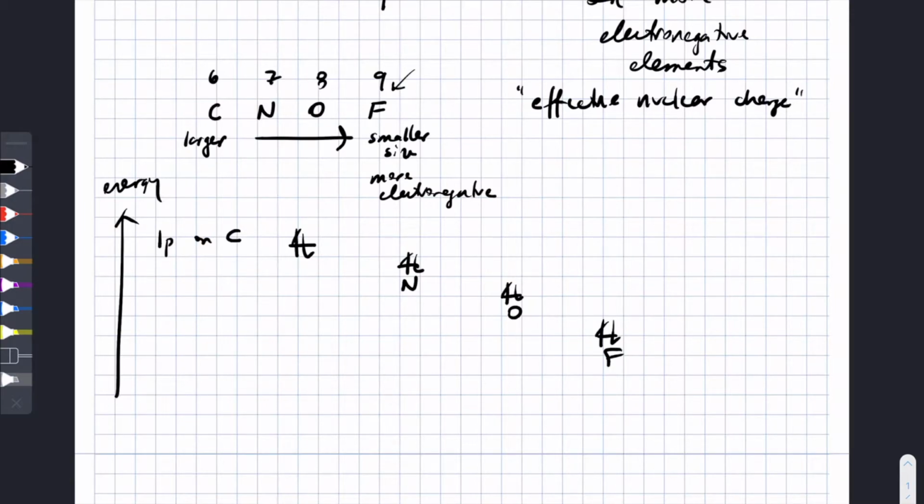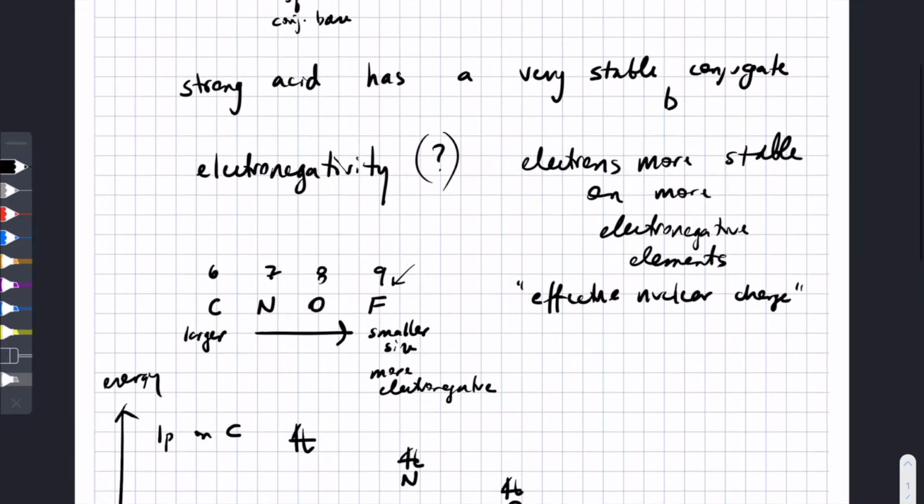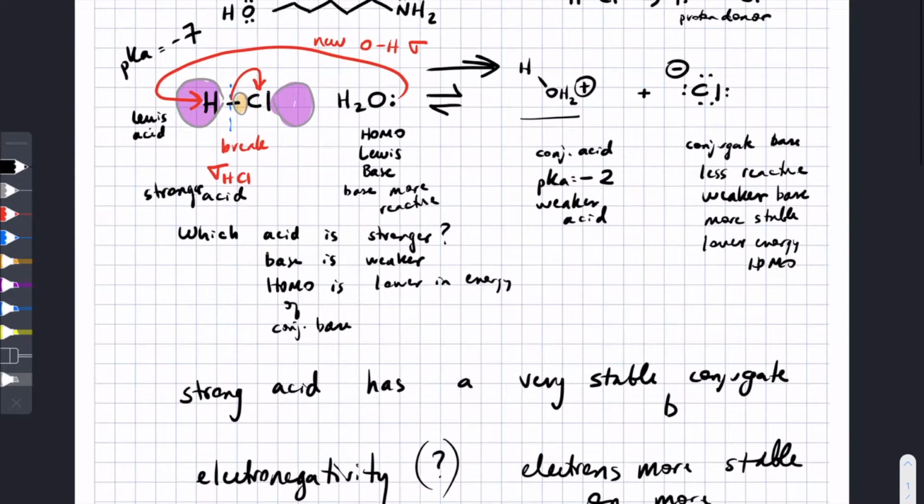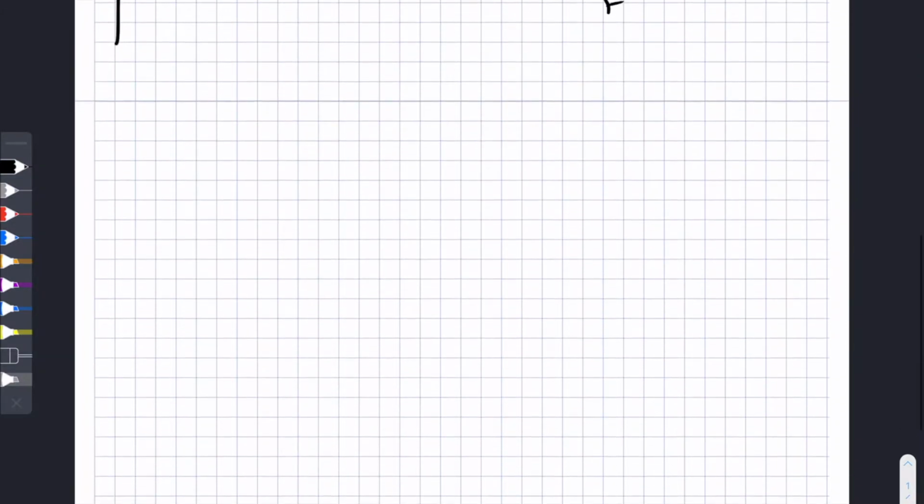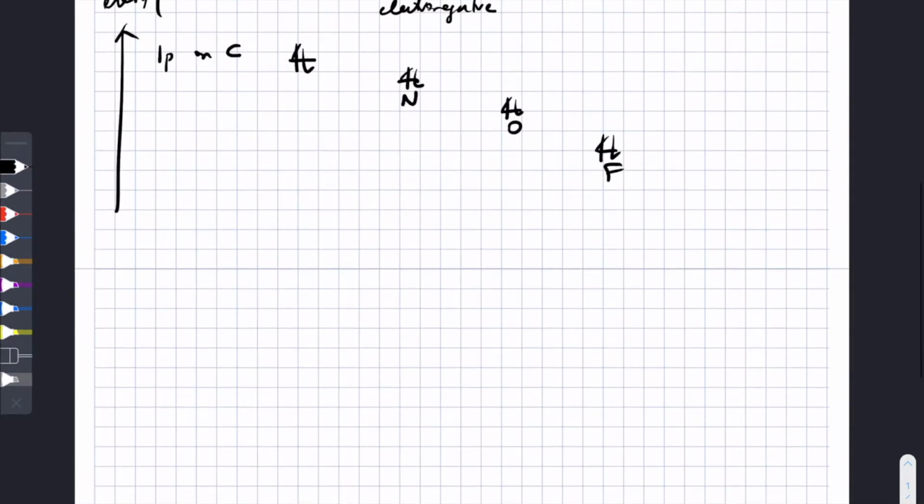All right? All right, how does that explain the trend we've looked at? Well, actually, before we go back to that example, let me illustrate how this can be useful in deciding how reactive something is.